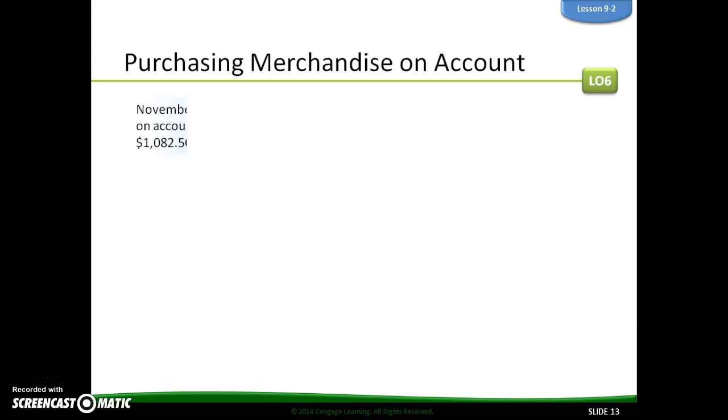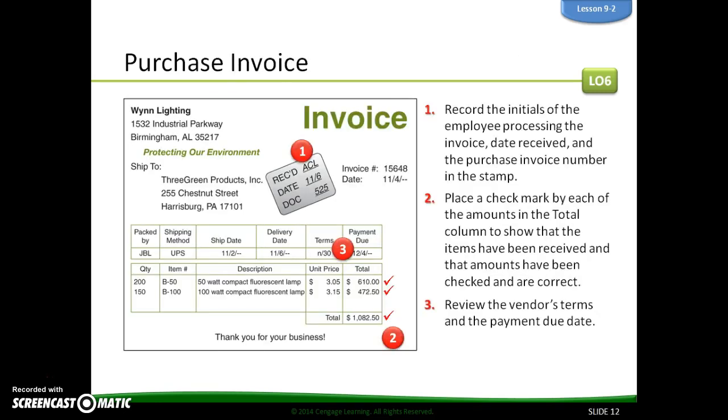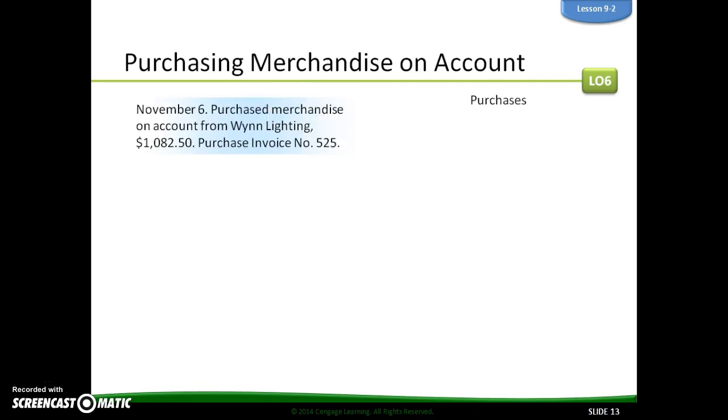All right, purchasing merchandise on account. So we're looking at a transaction here. We purchased merchandise from Win Lighting, and the invoice is $525. From Win Lighting for $1,082.50. So you can see our purchases is going to go up, right?